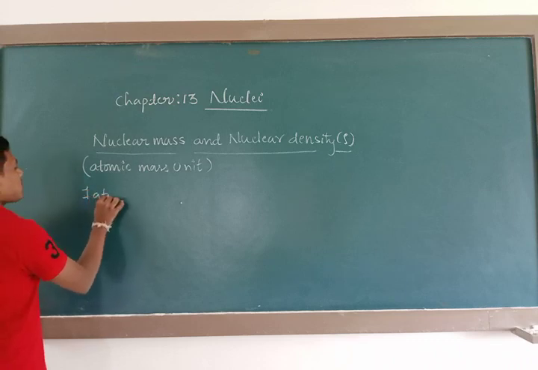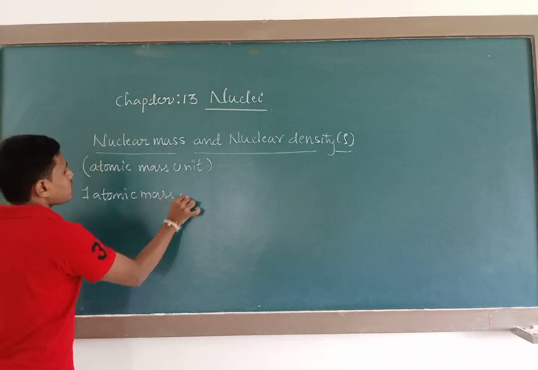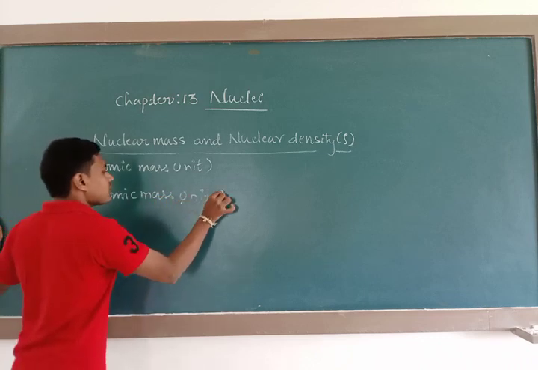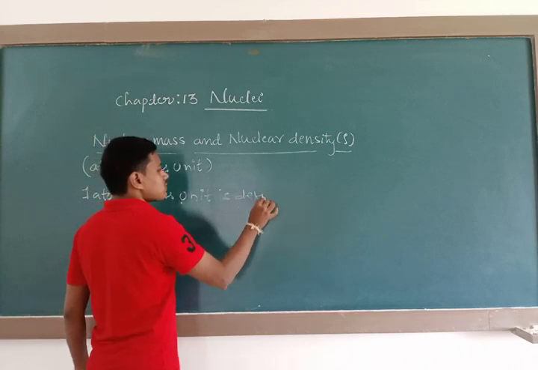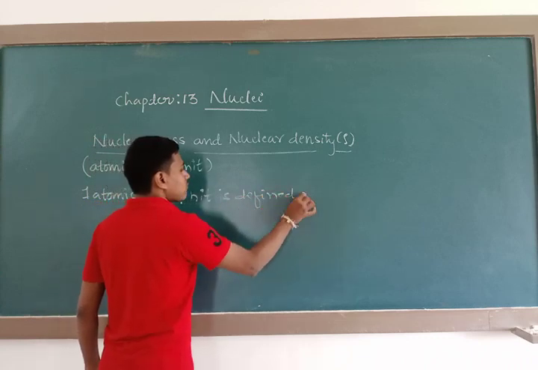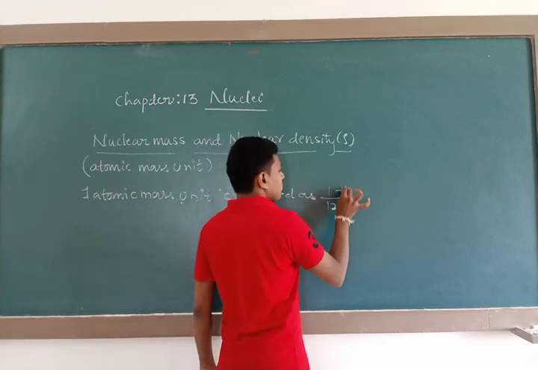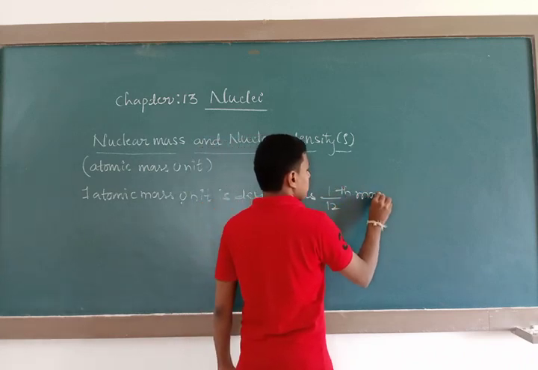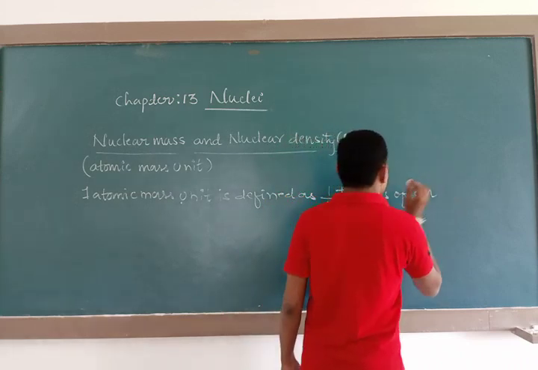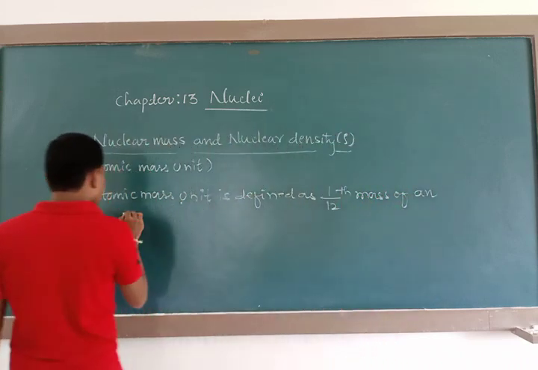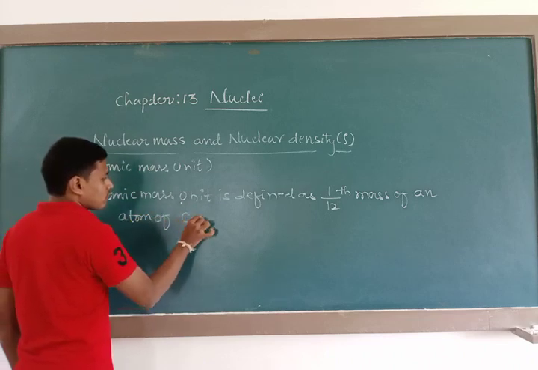Generally, one atomic mass unit is defined as 1 by 12 the mass of an atom of carbon 12. It is the specific unit for the measurement of nuclear mass, expressed in terms of atomic mass unit. That one atomic mass unit is equal to 1 by 12th the mass of an atom of carbon 12.